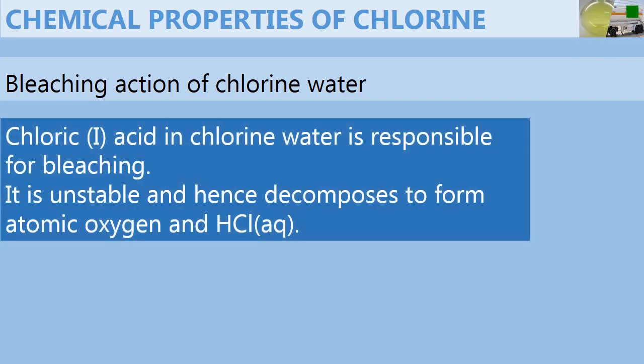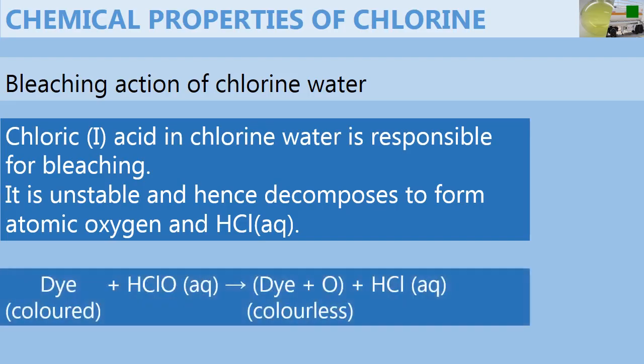When chloric 1 acid loses its atomic oxygen to a compound that contains some color, such as a dye, the dye will be decolorized because of the formation of a colorless matter, according to the following equation. So chloric 1 acid decomposes to give off oxygen, and the oxygen combines with the dye to form a colorless matter.